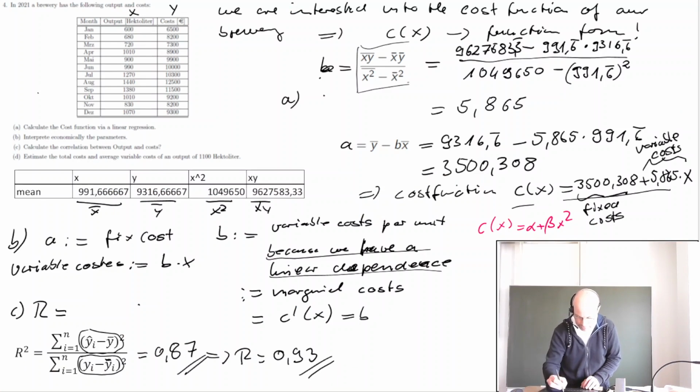Then let's just take the last one, the estimation of 1,100 hectoliters.